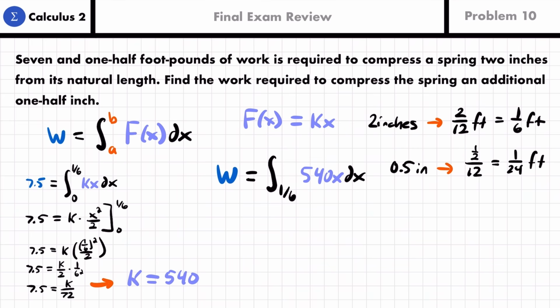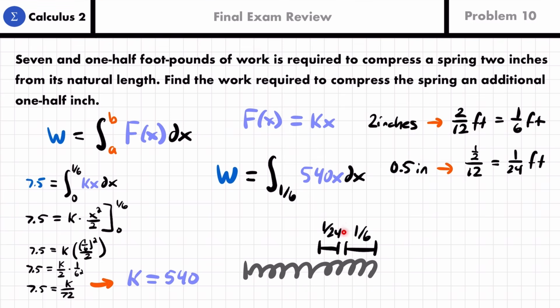Okay, so again, be careful. That is not the new upper bound. We need to add that to the existing lower bound. Because the spring is already compressed 1/6 of a foot, we need to compress it an additional 1/24. Okay, just as a demonstration, if this is our spring, if you think of this spring as being at its natural length, and we compress it this amount right here, which is 1/6 of a foot, and then we compress it an additional 1/24 of a foot, the total compression will be 1/6 plus 1/24.